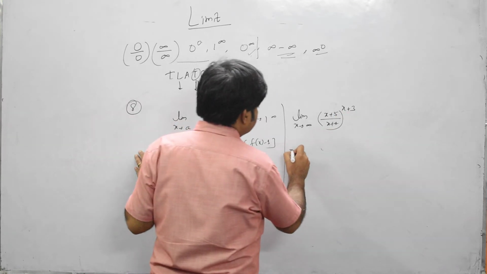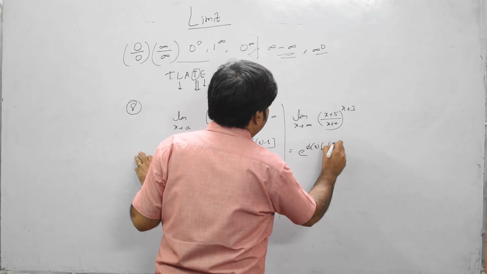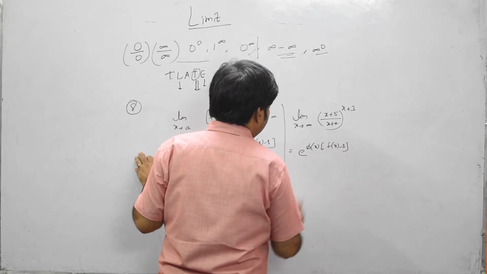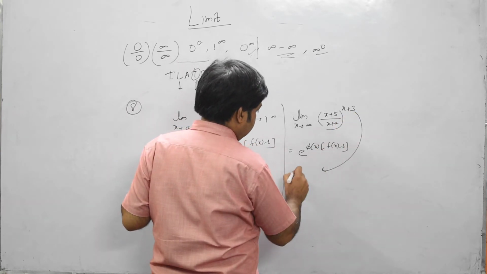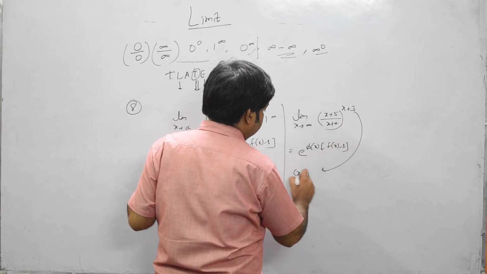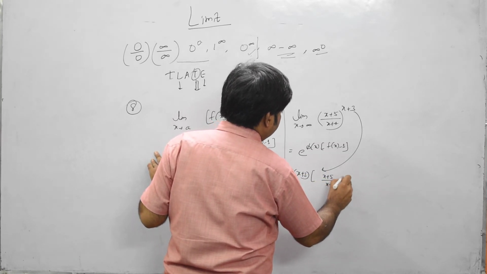So in this case, the limit we get is e to the power phi(x) into f(x) minus 1. We'll find out the value of phi(x) into f(x) minus 1. Phi(x) here is x plus 3, so (x plus 3) into ((x plus 5) by (x plus 4) minus 1).